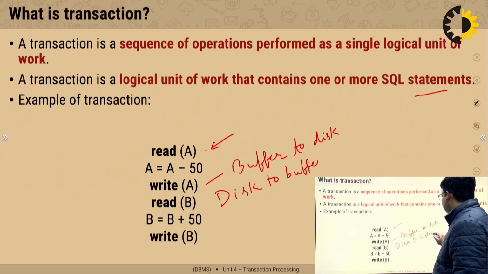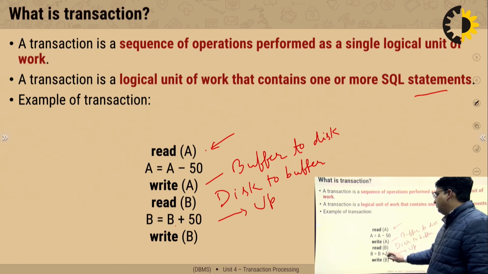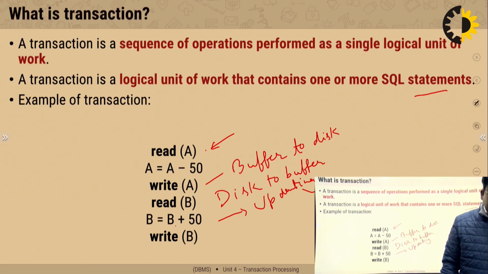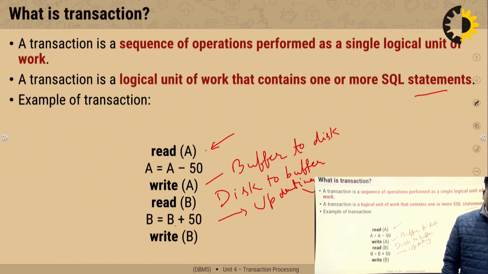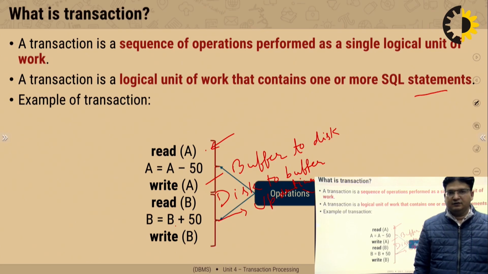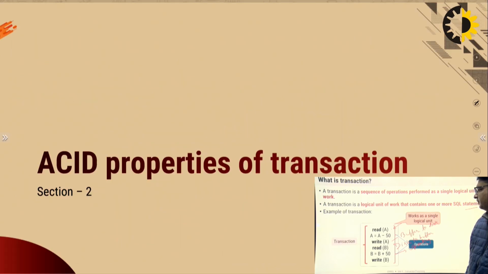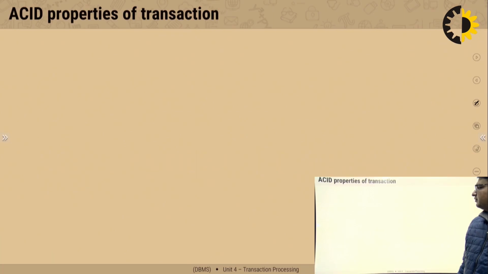Thereafter B equals B plus 50, that is, we are changing the value of B. Now the updated value will be the initial value plus 50, and write B. So this whole transaction involves transferring $50 from account A to account B. So this is the transaction. Next is the properties of the transaction.